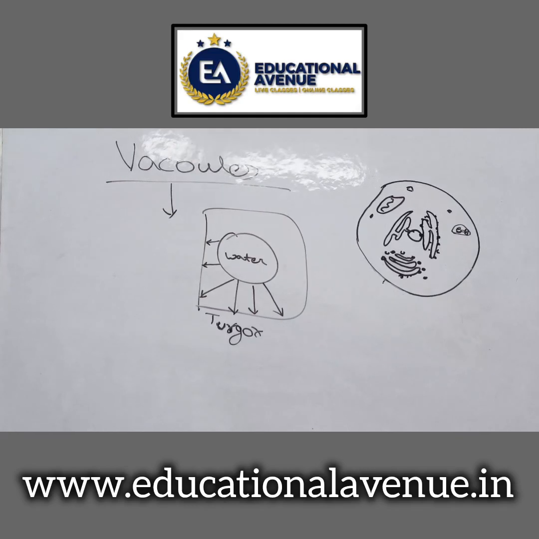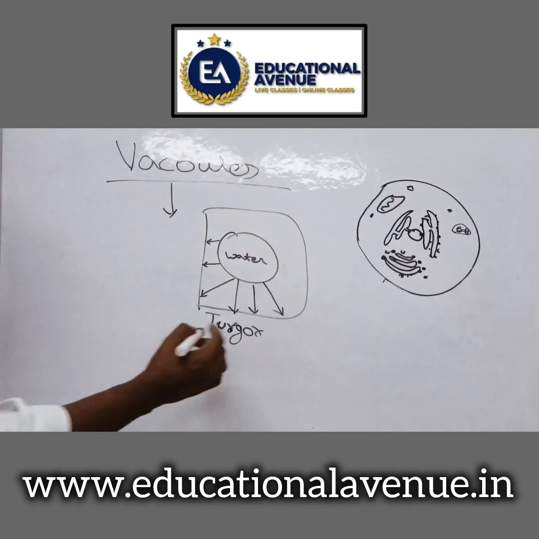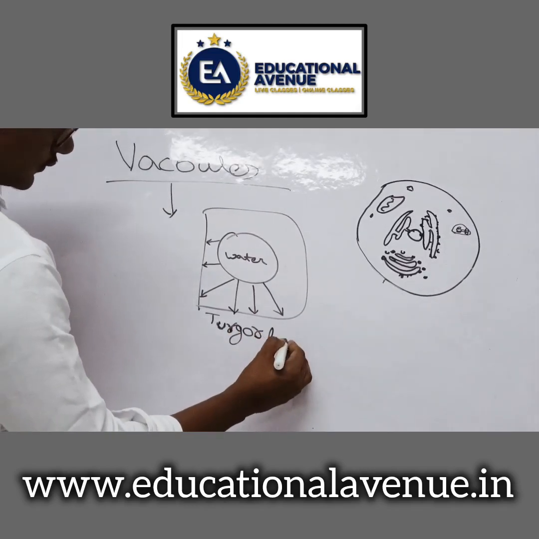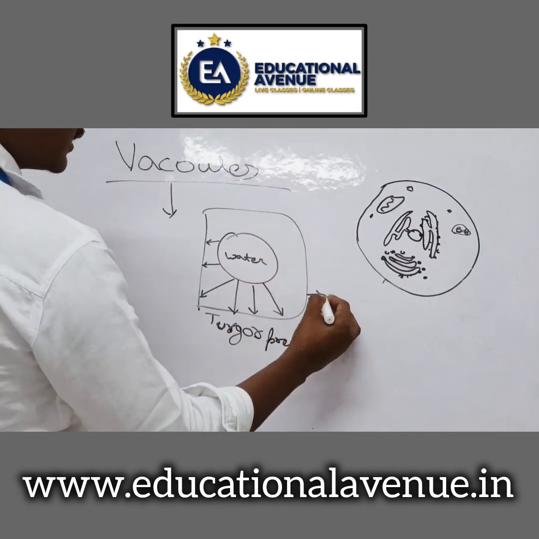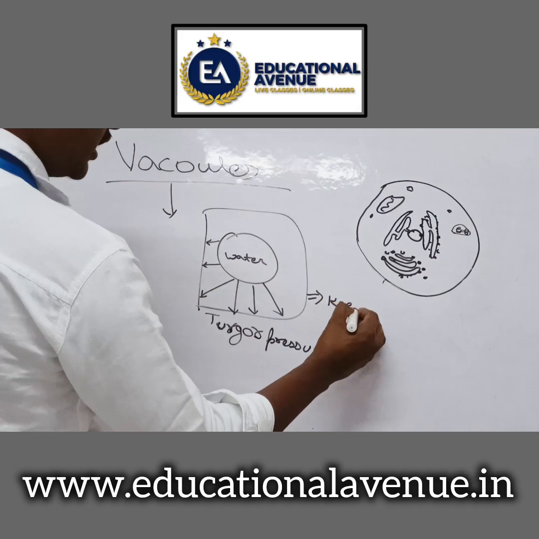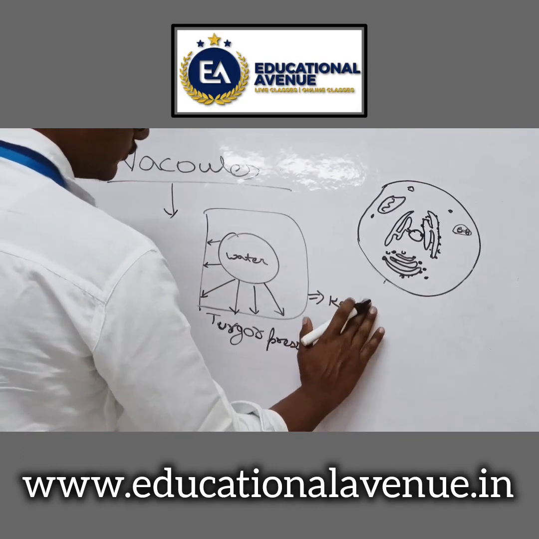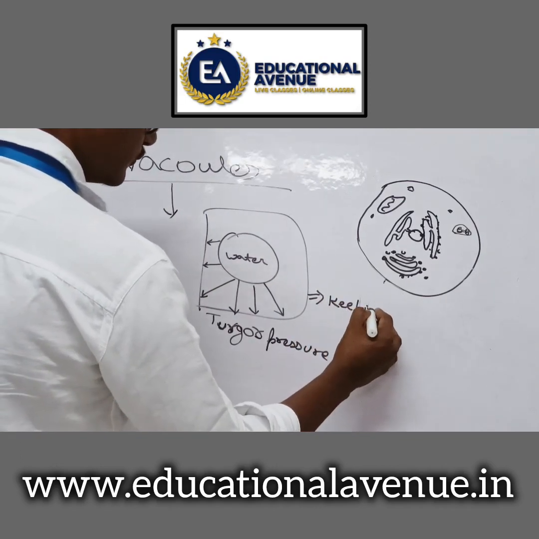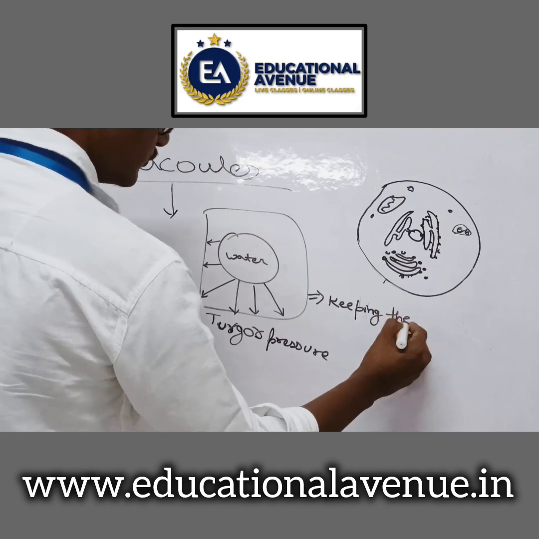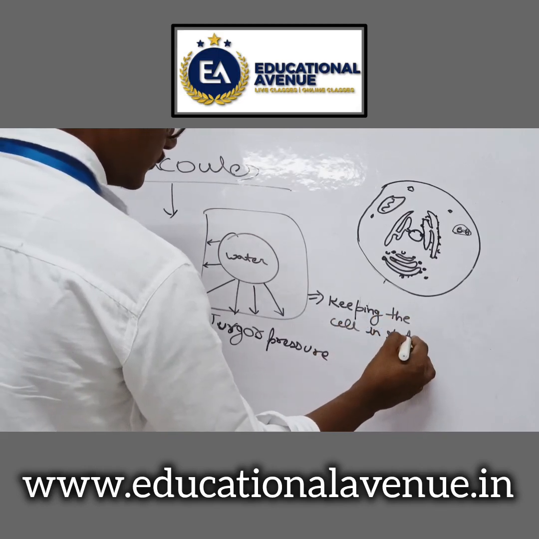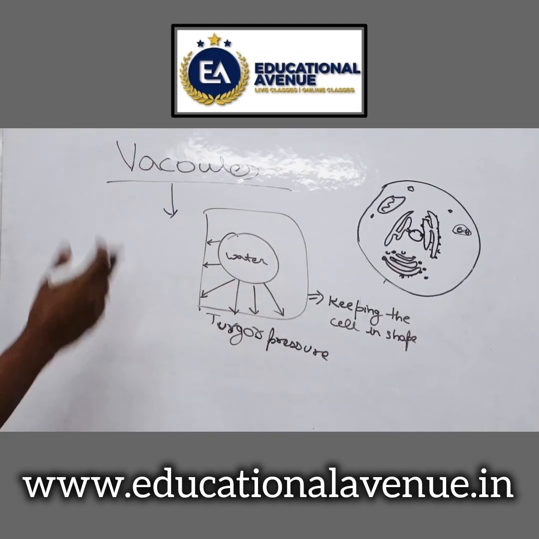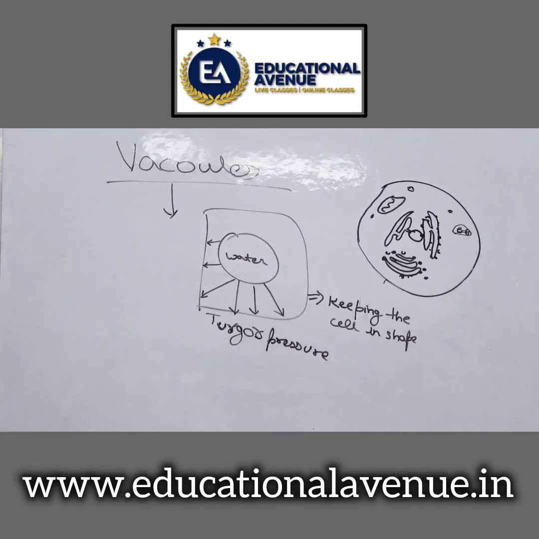Because of this turgor pressure, it is keeping the cell in shape. So this is the main function of the vacuoles.